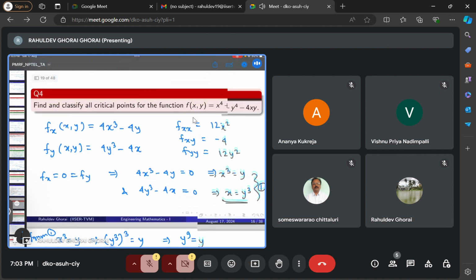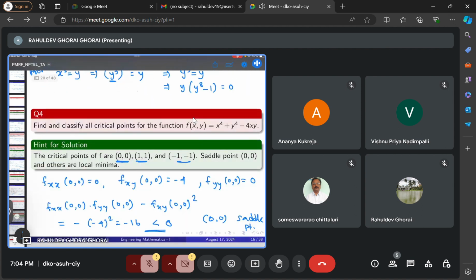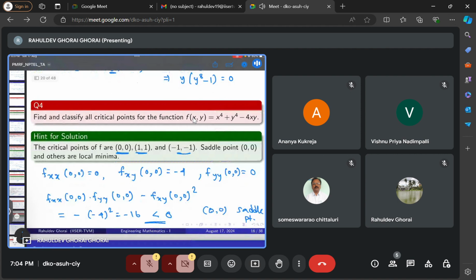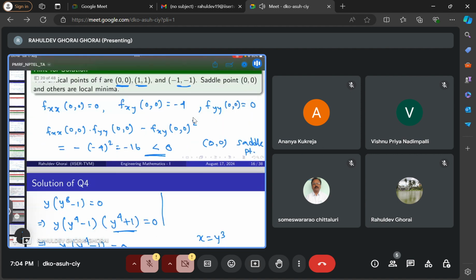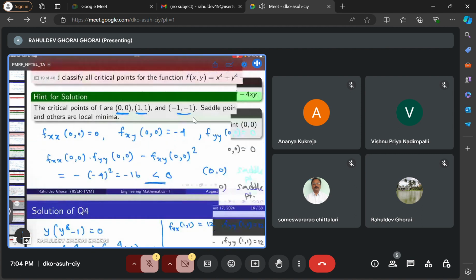So I'll do one more point, maybe (1, 1). Then we'll see how the function is behaving at (1, 1). Okay. So what will be fxx at (1, 1)? This is 12x square, so 12. Similarly, fyy at (1, 1) will be 12, right? Because you see this is 12x square and 12y square.